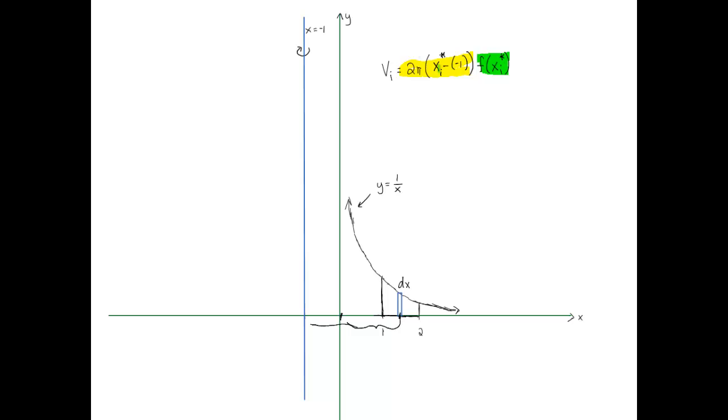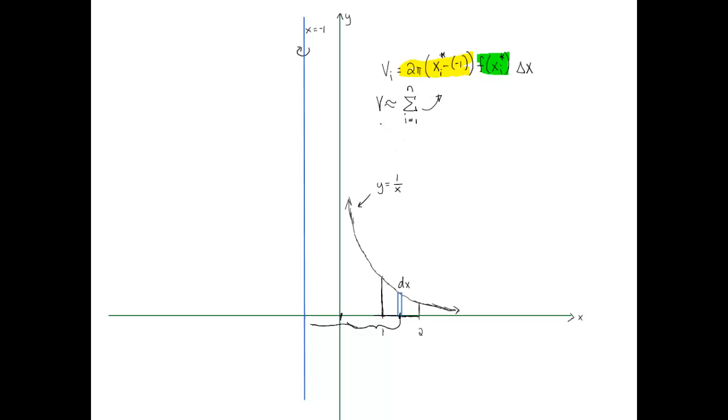So that's circumference times height. And then we need a width for that wiggle. And the width for that wiggle is just a delta x. Okay. And so we're going to sum up these, right? So the volume, when we rotate this around, is approximately equal to the summation, i equals 1, right? We just build a Riemann sum of this. All right.